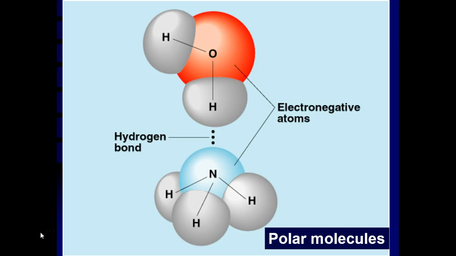So around the nitrogen, you actually have 3 slight negative charges. And around the 3 hydrogens, you have 3 slight positive charges. And this is why ammonia dissolves so well in water, because it's a polar molecule, and it forms hydrogen bonds easily with water, which is also a polar molecule.